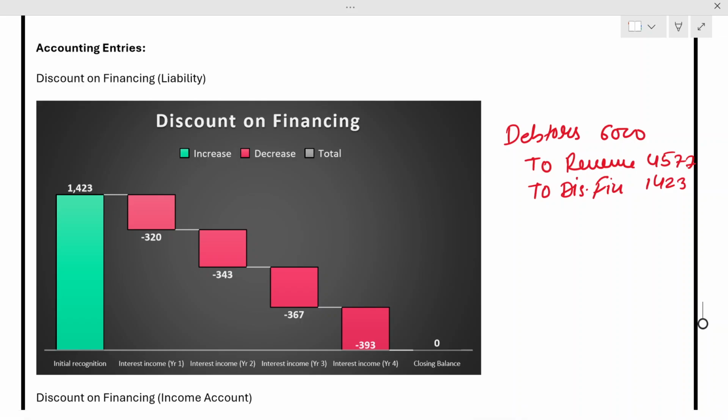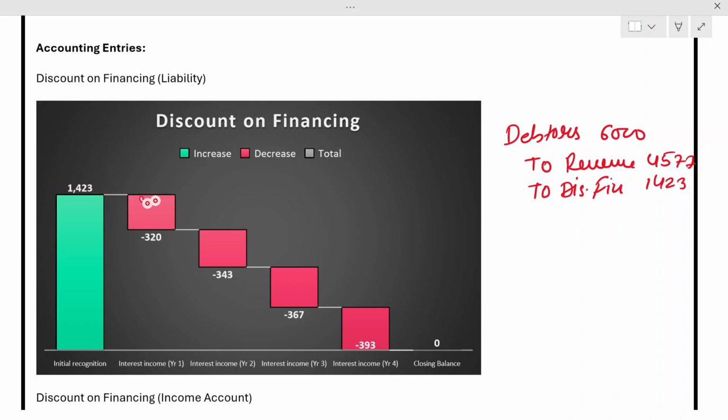Now, this discount is not your income as of now. This discount will become your interest every single year when the interest is recognized. So I have made one account here, discount on financing, and within it the amount is sitting at 1423.